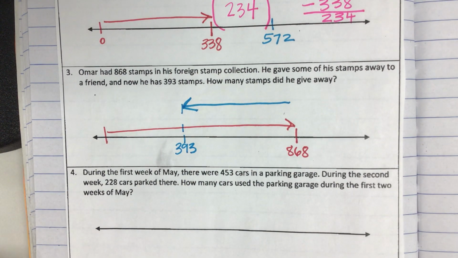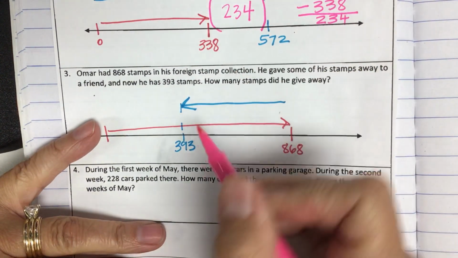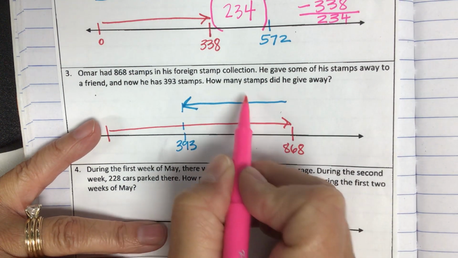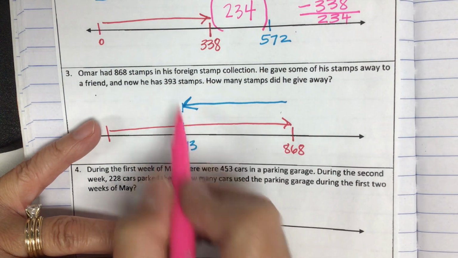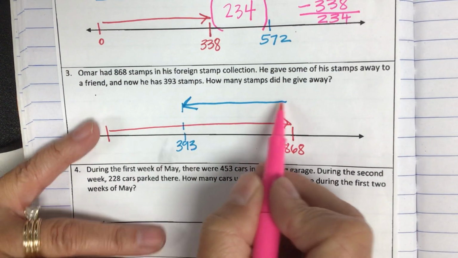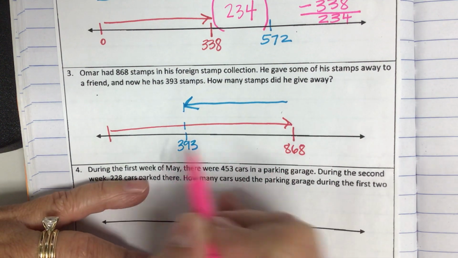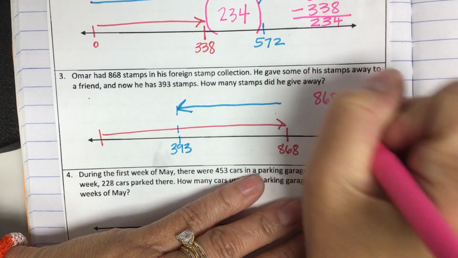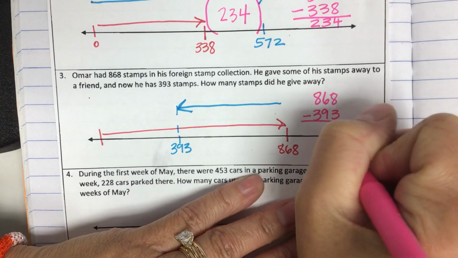So what he has, where he ended, was at 393. We're wanting to know how many he gave away. So the number he gave away is the amount between these two numbers. We know it ended at 393, but we don't know what this amount is. So to find out what the difference between these two is, again, I would subtract 868 minus 393.